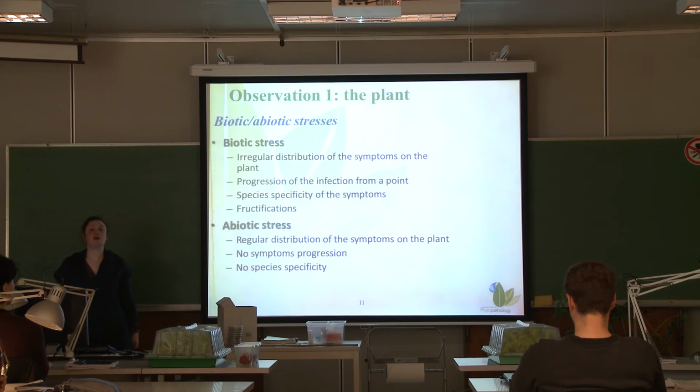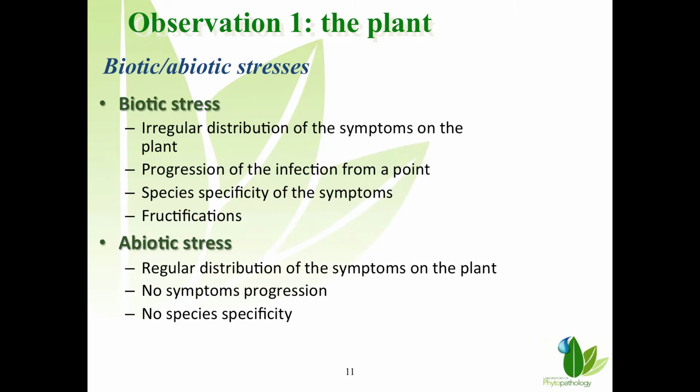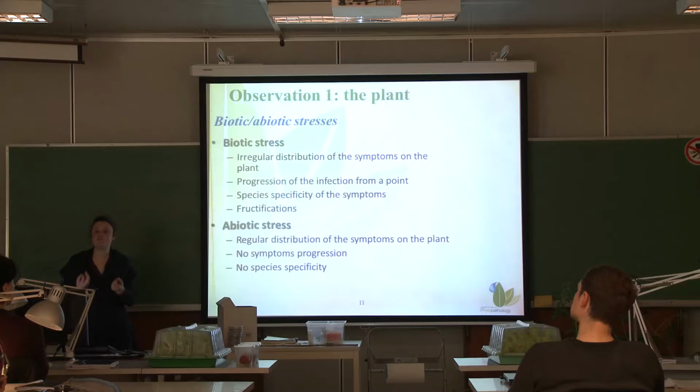I've talked about, and Professor Daprich yesterday also told you about, biotic and abiotic stresses. But how can we tell the difference between the two when you have plants showing abnormal symptoms? In fact, when you have a biotic stress, usually the symptoms are distributed irregularly on the plant because it's a living organism causing the symptoms.